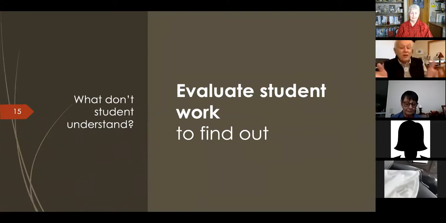These are all things we tend to do anyway, but often we do them because, well, I have to grade, I need to talk to students, to have a relationship with them, and that's all great. But the point is that all these activities should always be done with the idea in mind: I'm trying to understand the students, trying to find out, what is it they don't understand?